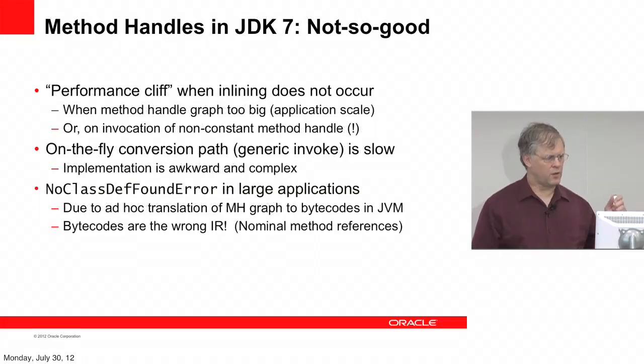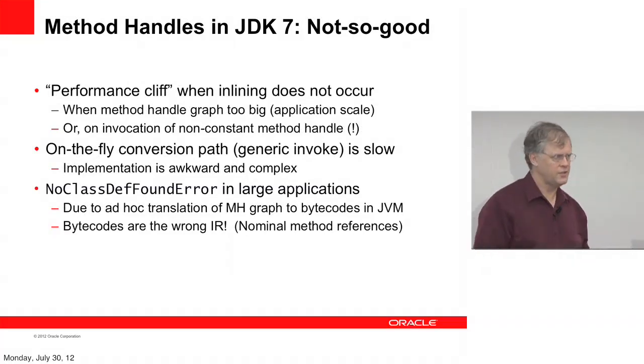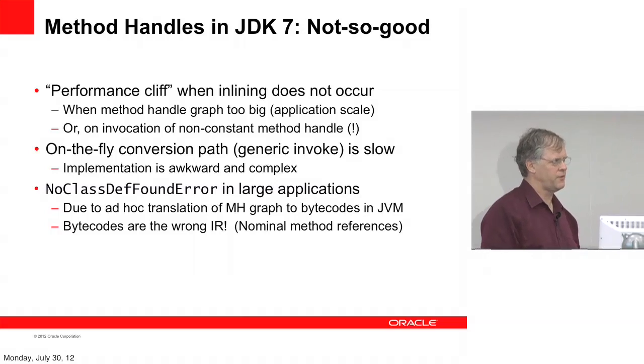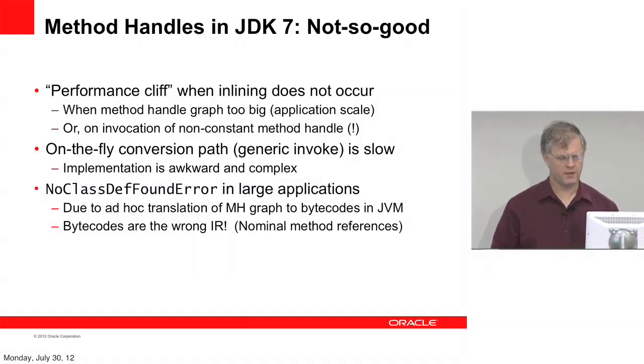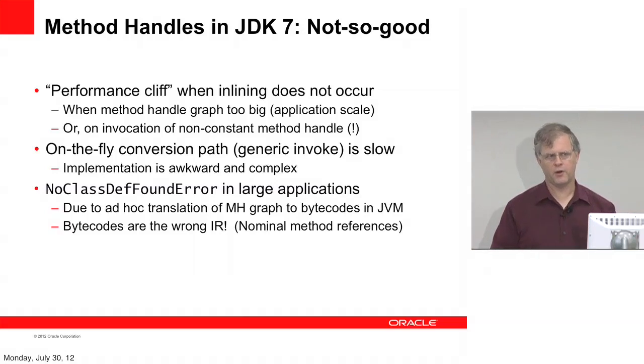Let's see. So the thing that happens when you call a non-constant method handle is you go off what our users affectionately call the performance cliff. And this also happens when you scale up to a graph of method handles that is so big that the inliner says, I'm not going to inline all of that. I don't care how much you put on my plate. I'm only going to eat part of it.